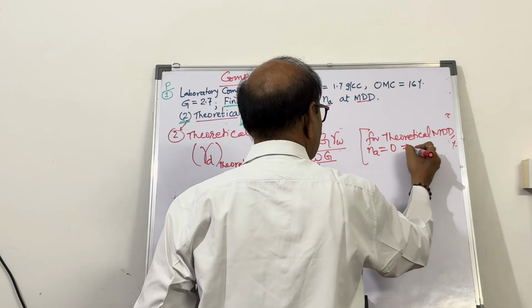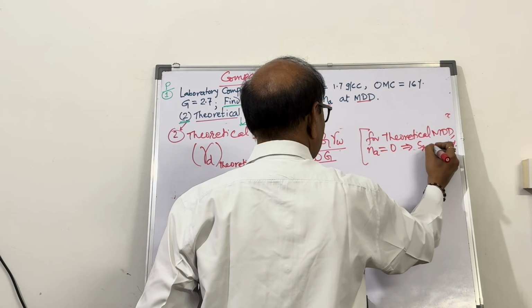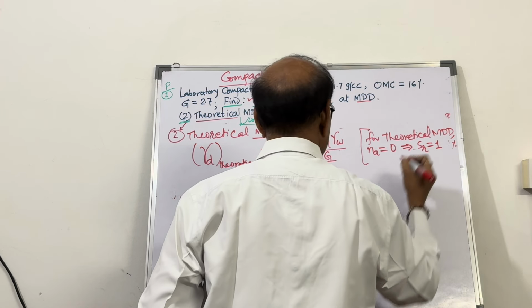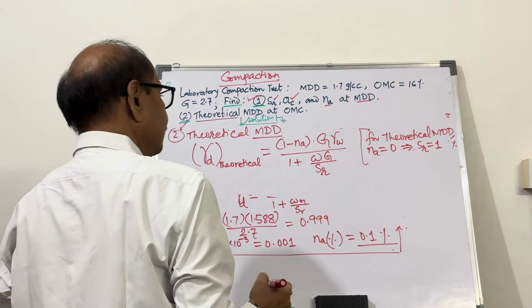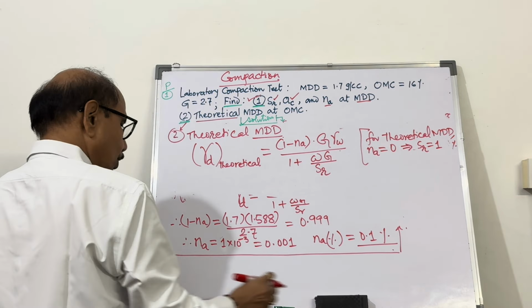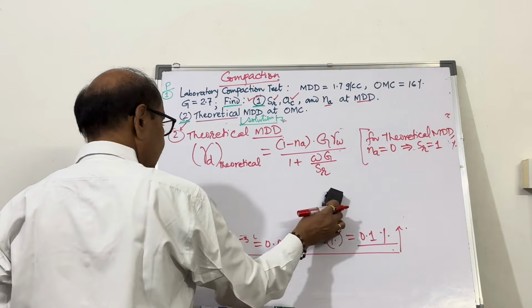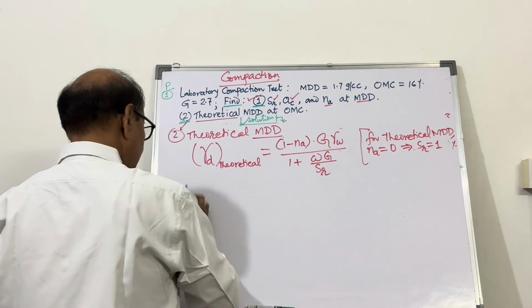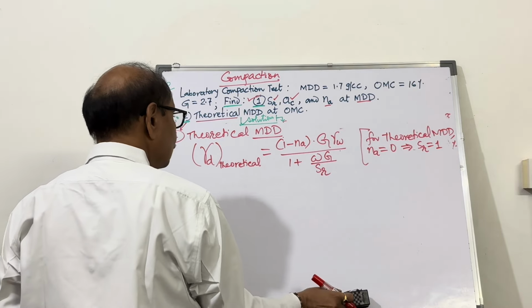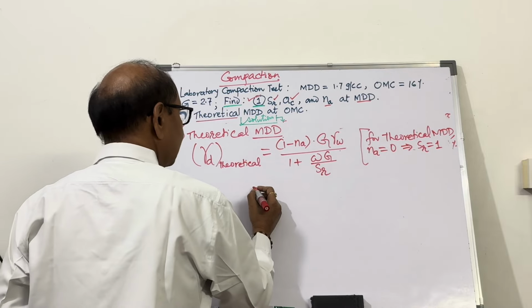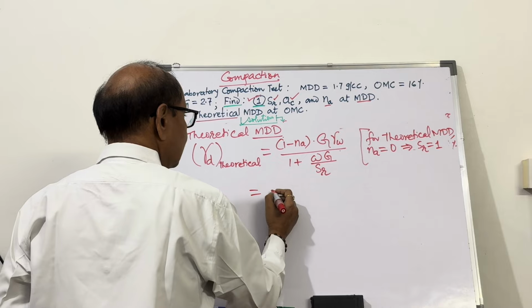This implies the degree of saturation is going to be 1. And therefore, we can substitute all the values to get the gamma d theoretical.